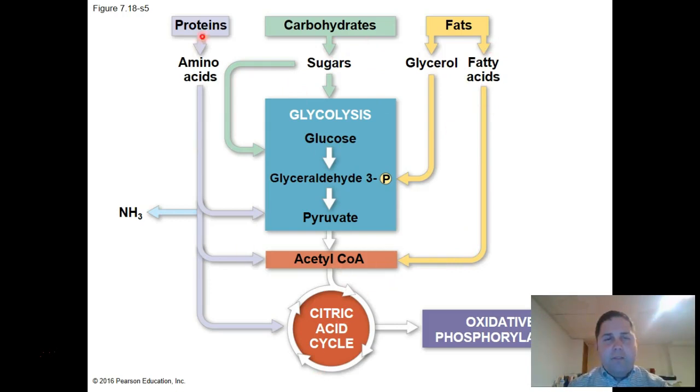And so basically for a picture like this, I just want you to be able to look at it, think about the fact that proteins and fats also have to get into this process somewhere. Because they enter into different places, they generate different amounts of energy.